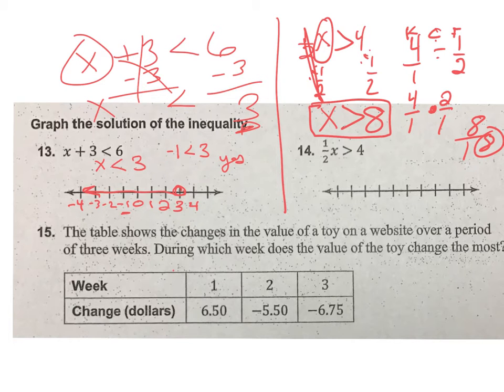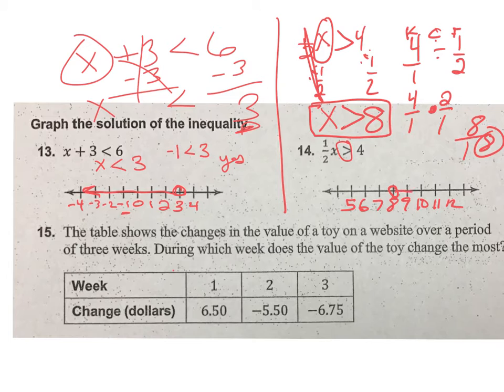Now if I want to graph that, I'll go 5, 6, 7, 8, 9, 10, 11, 12. I go to 8 and say, can it be exactly 8? Well, no. It has to be more than. x is greater than 8.